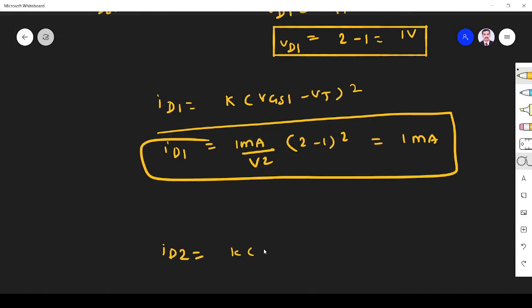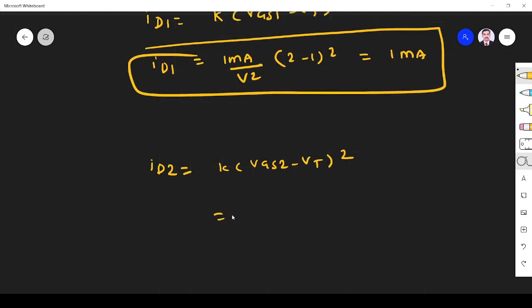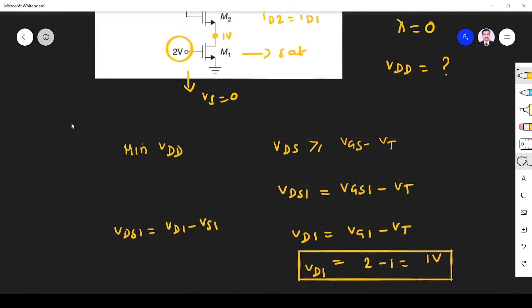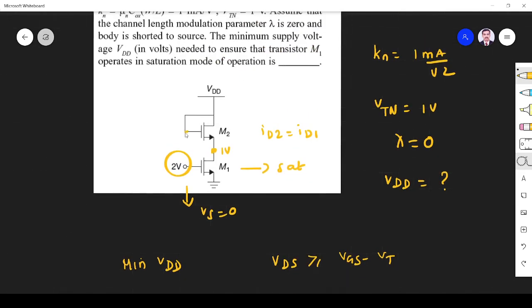ID2 is given by K into (VGS2 minus VT2) square. K we know is 1 milliampere per volt square, and VGS2 means VG2 minus VS2, minus VT, squared. VG2, the gate voltage of M2, I don't know.